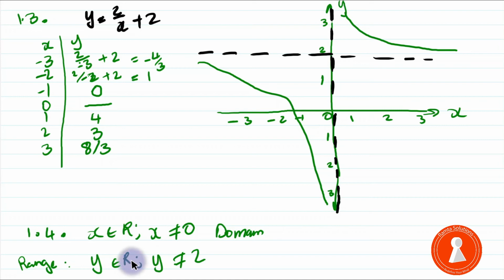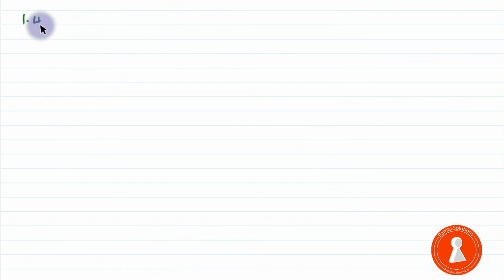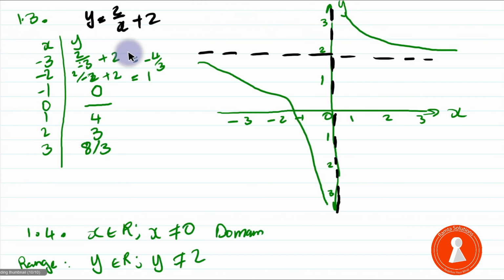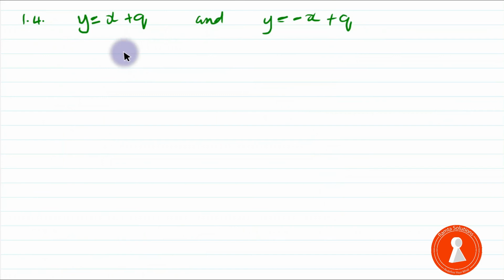Now determine the axis of symmetry. We said we have the equations y equals x plus q and y equals negative x plus q. Our q value was 2. So our axes of symmetry are y equals x plus 2 and y equals negative x plus 2.